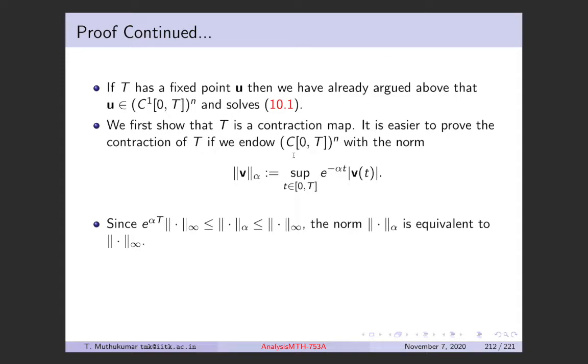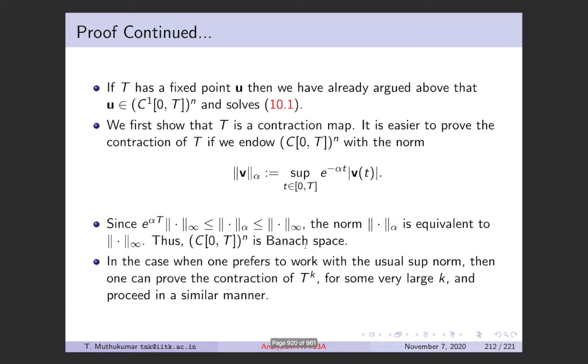So basically the topology is the same. Though we have a different norm here, the topology is the same. We are not changing that. So it's a complete Banach space. Everything will work, everything remains true. So C0[0,T] is a Banach space, right? Because they are equivalent norms. So we are going to work with this norm.